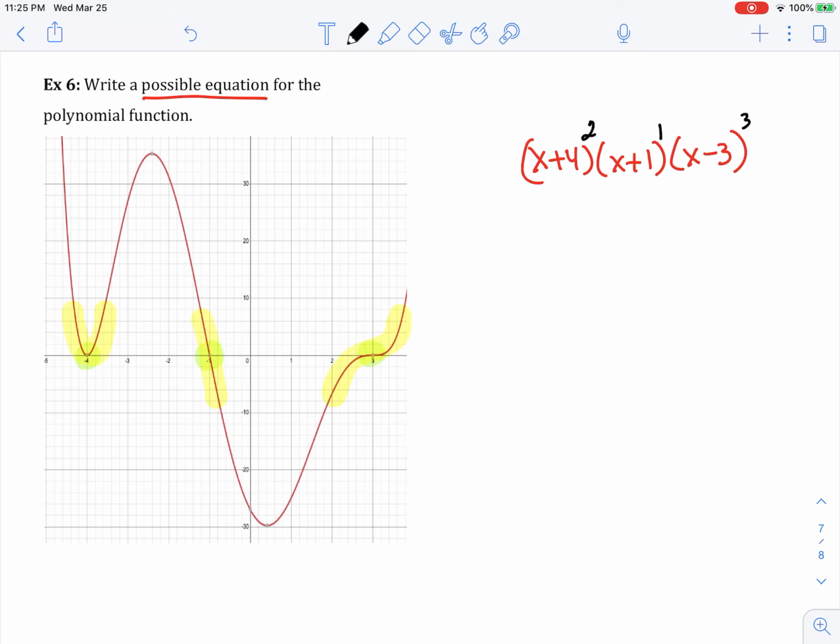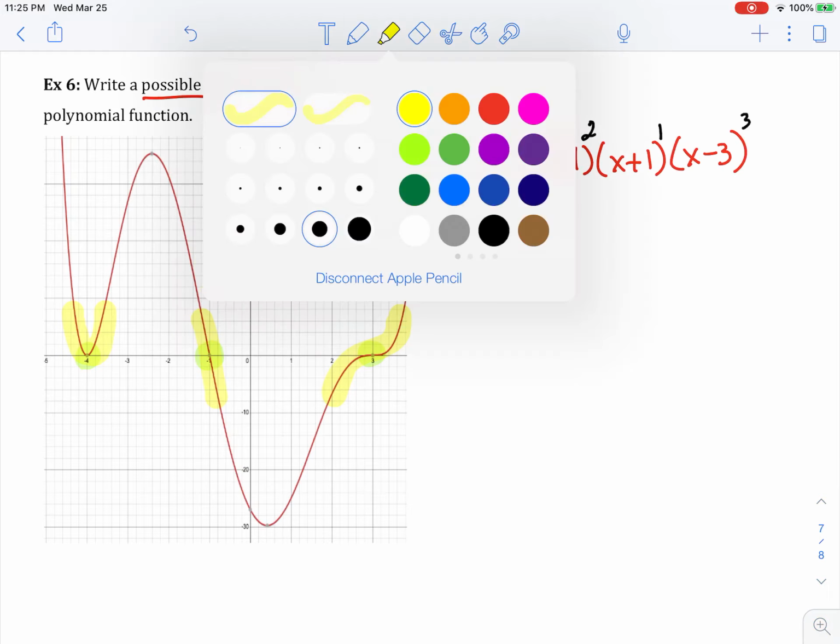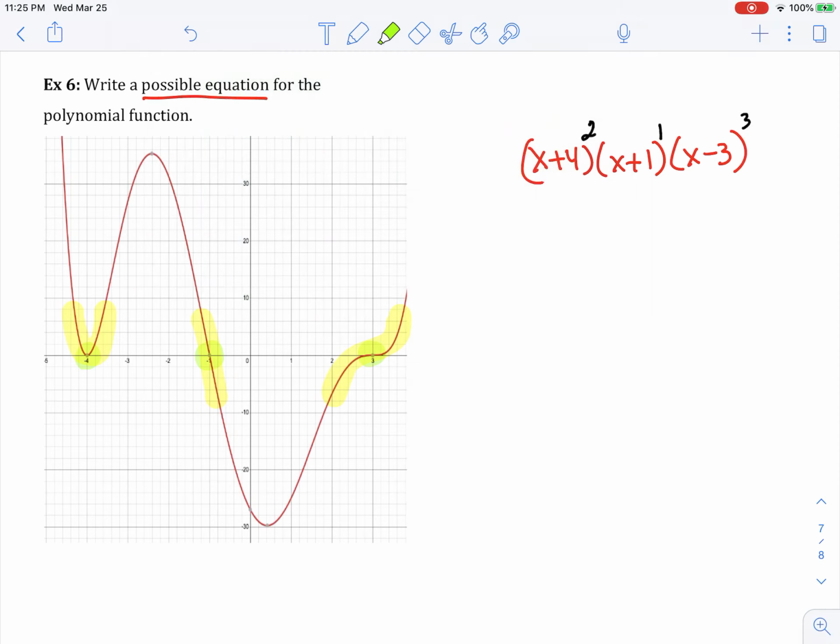If we look at our overall graph, the ends of our graph, our end behavior, it is coming up here on the right and it's coming up here on the left. So our overall end behavior, our endpoints are coming up, which means that our overall degree should be something that is even.